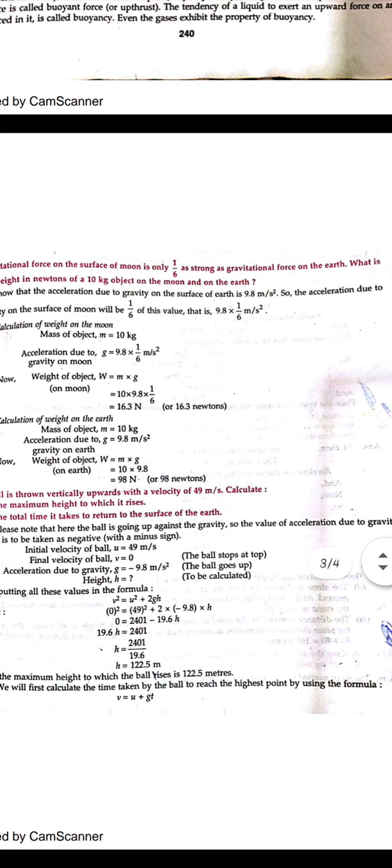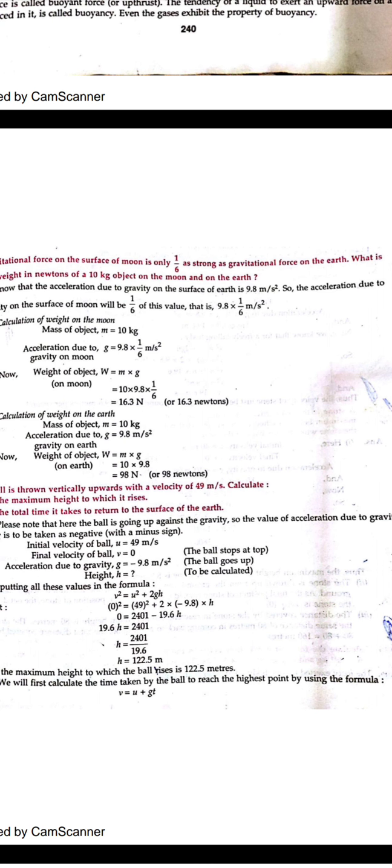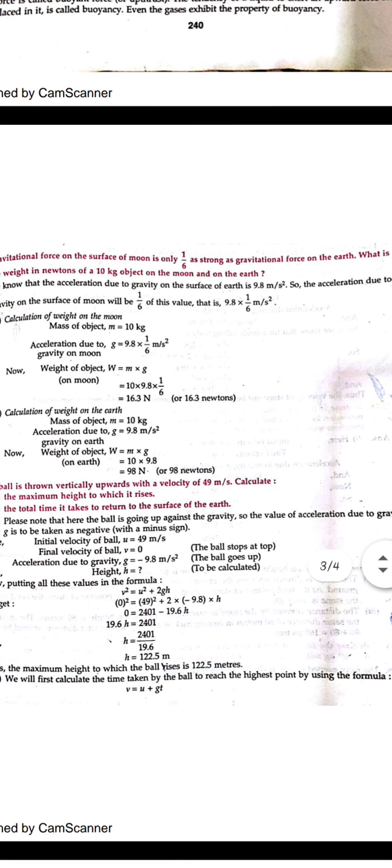We have to find the value of the weight, and we know that weight is a kind of force, the mass of the body acted upon by gravity. So weight is given by mg, and we know that the gravity on the earth is 9.8, and on the moon it is 1/6 of the gravity on the earth, so 1/6 into 9.8. Now we will see how to find the value.